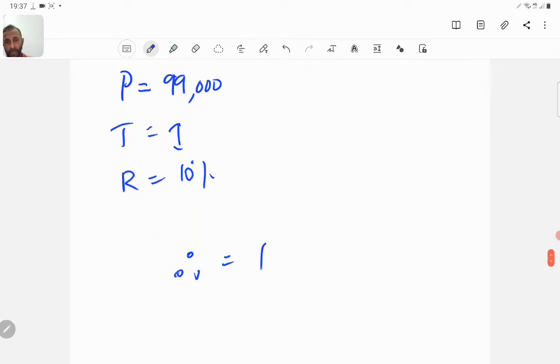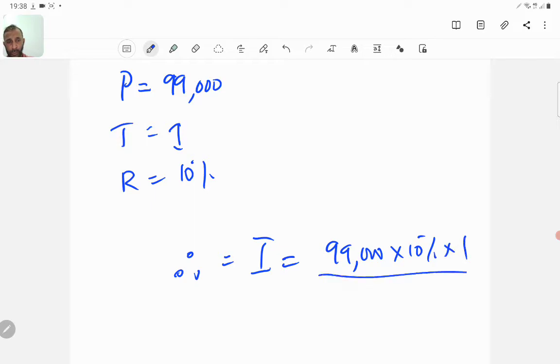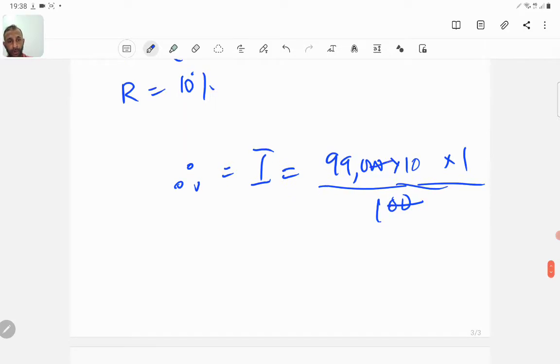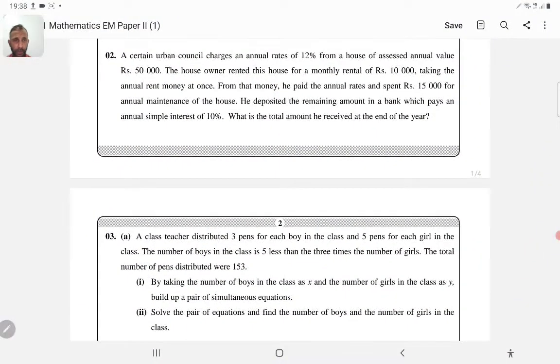Therefore, I will be 99,000 into 10 into 1 over 100. Accordingly, you would have 9,900.